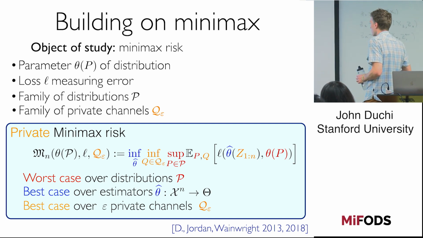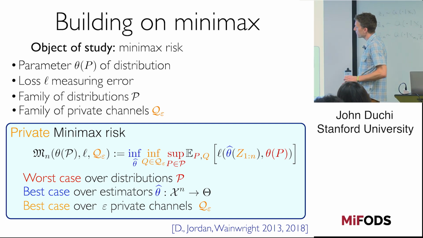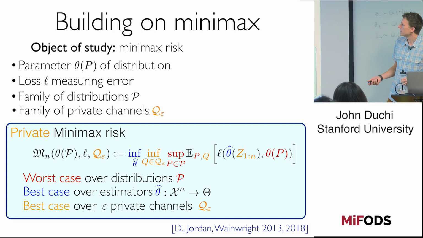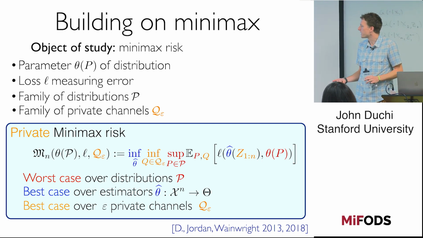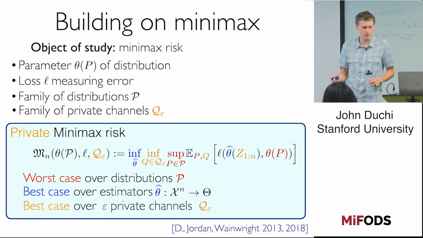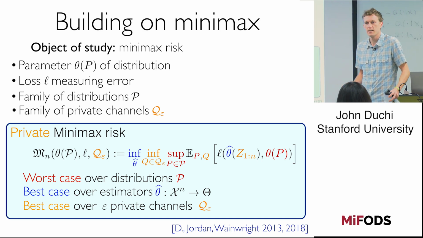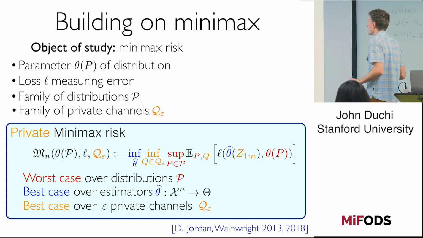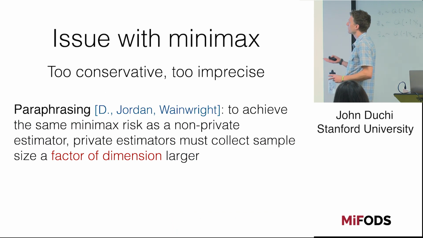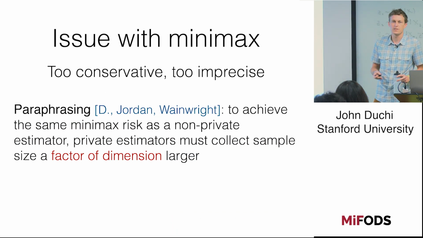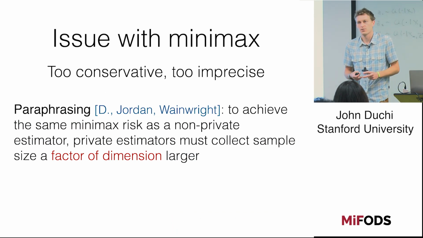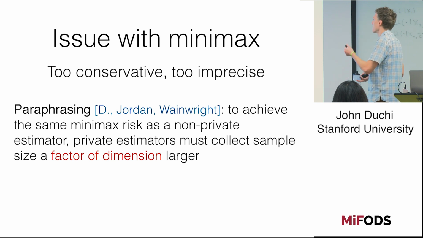And so with Mike Jordan and Martin Wainwright, I've done a bunch of work characterizing this behavior, trying to understand it. So there's a big issue with minimax, which is that it's kind of too conservative and potentially too imprecise. So here's basically the result.